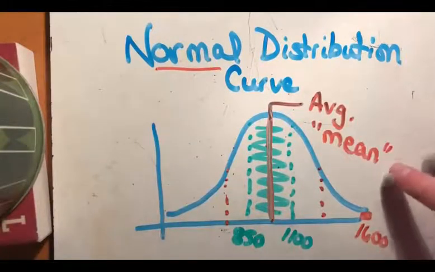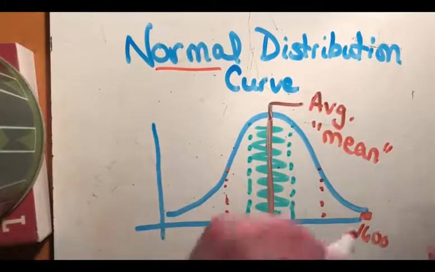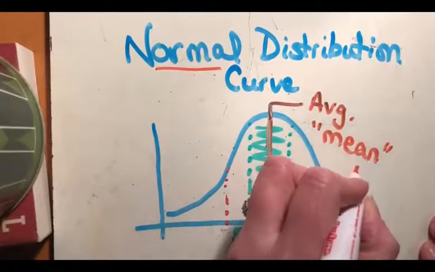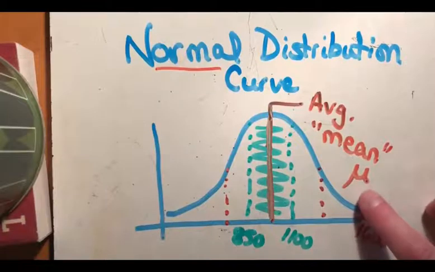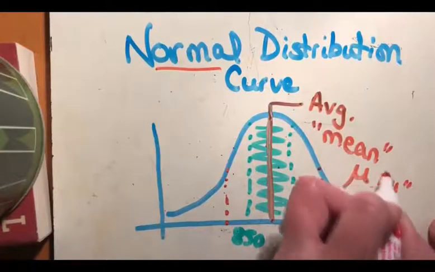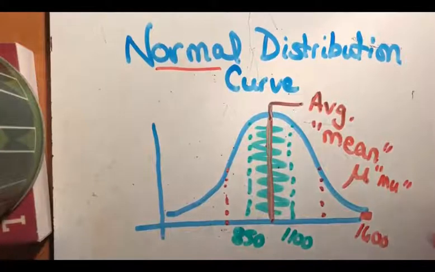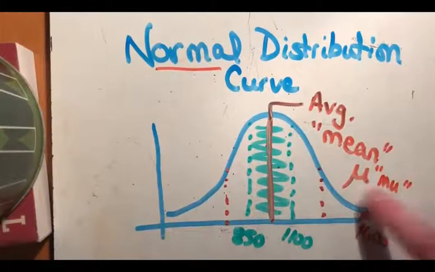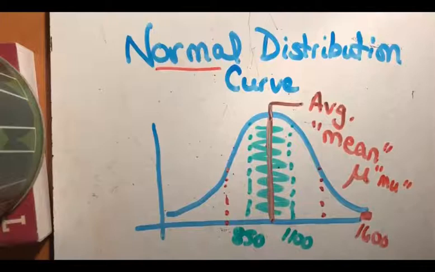So the average or the mean that's right in the middle. We often use this Greek letter that looks like this, and that letter is called mu. Okay, so if you see this kind of symbol show up somewhere, you know that they're talking about the mean or the average of the data set. So we're talking about the mu going on there.